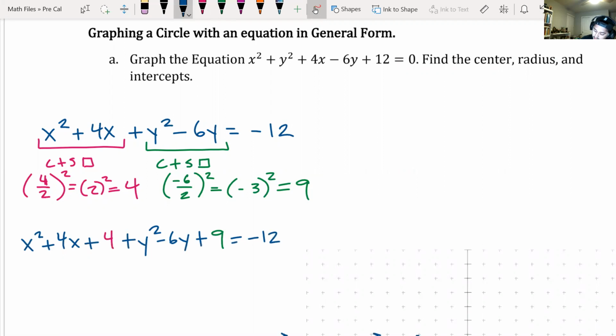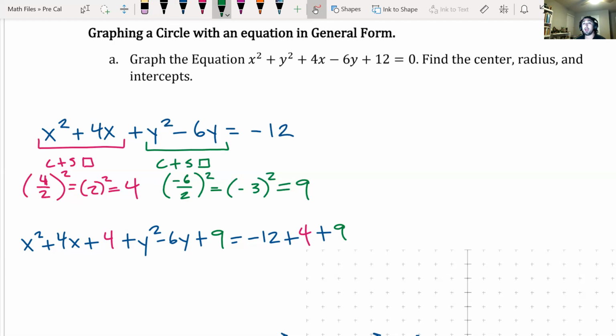Negative 12 plus what? So you're going to add the 4 and add the 9. Very good. So you're going to add the 4 and the 9 to the right side as well. Everybody good with that?